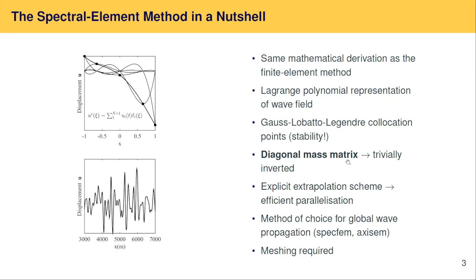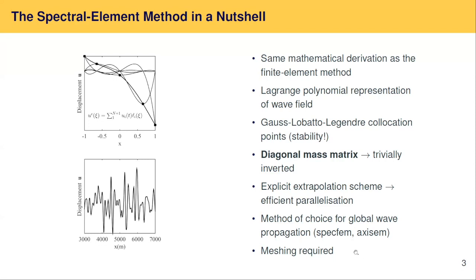So again, I put here in boldface: the mass matrix will be diagonal because of a specific choice of integration scheme. And that means the whole problem becomes an explicit extrapolation scheme, just like a finite difference method. And that's very efficiently parallelized.